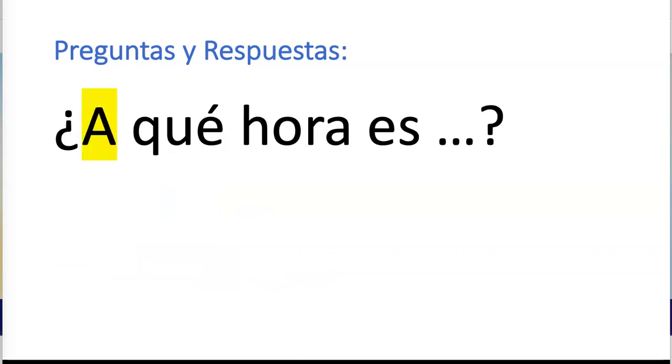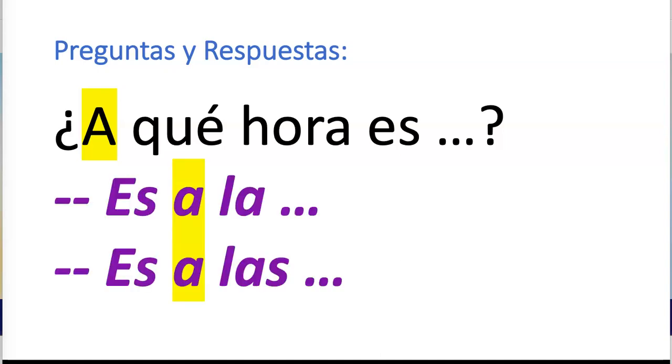Now, if your question is ¿a qué hora es? For example, ¿a qué hora es el concierto? What time is the concert? Your answer is going to be different. It's going to include that highlighted a, which means at. So your answer is either going to be es a la 1:15, it's at 1:15, or you're going to say es a las, if the number is 2 through 12.